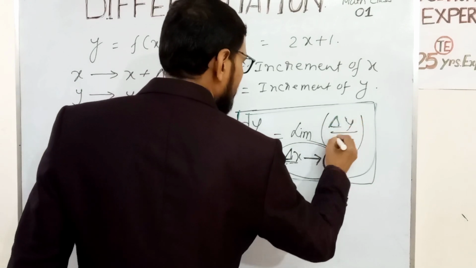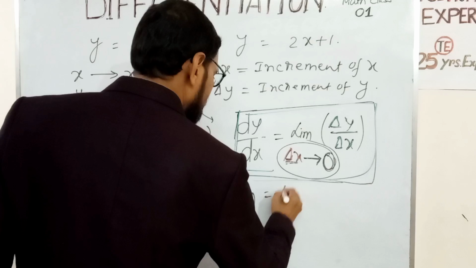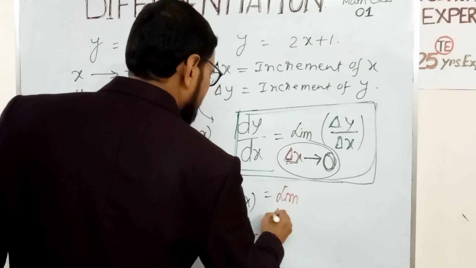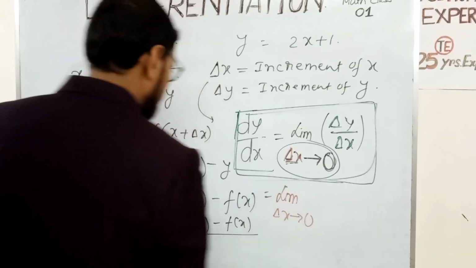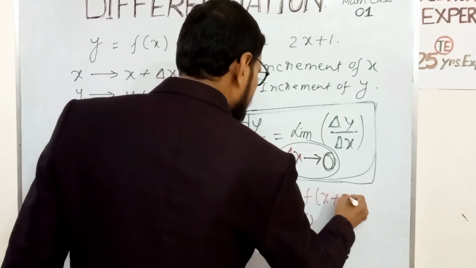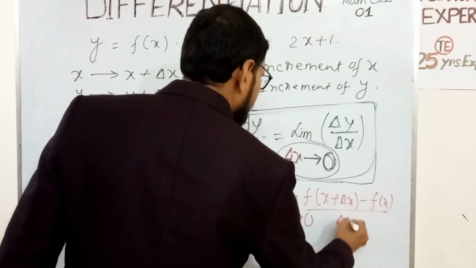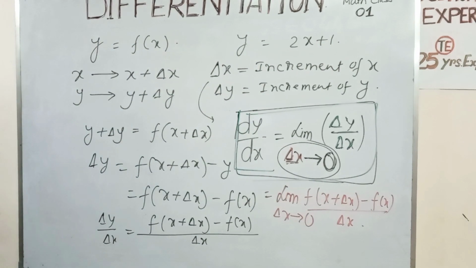Del y by del x if del x tends to 0, that is, f of x plus delta x minus f(x) by delta x.